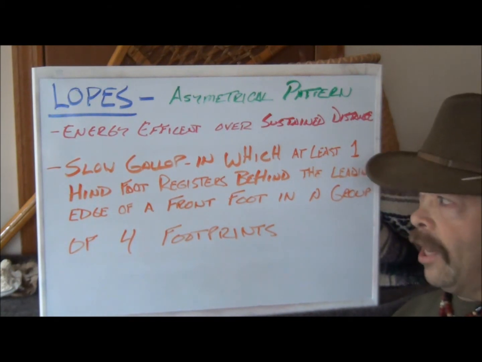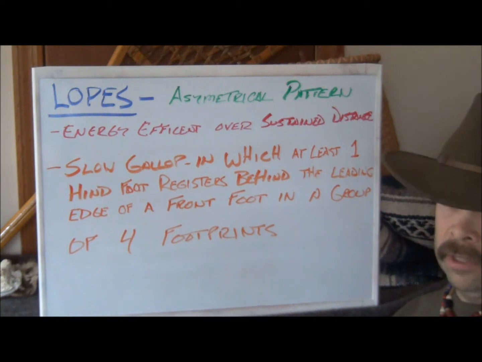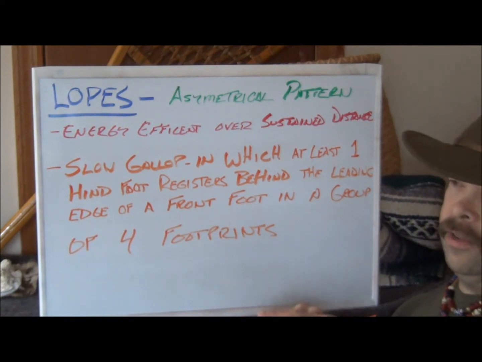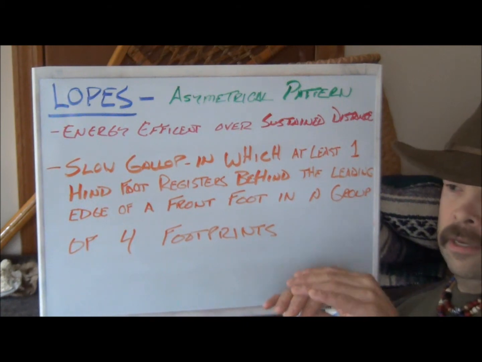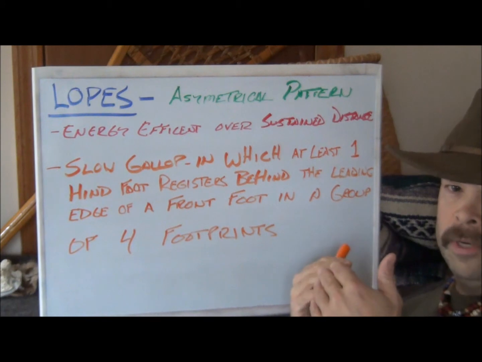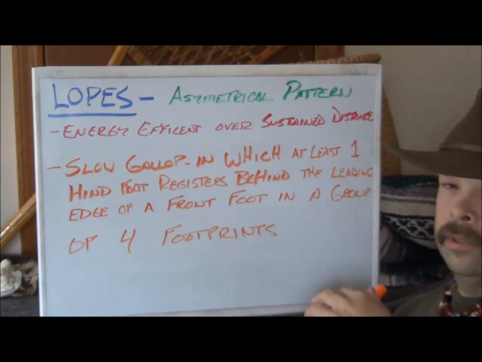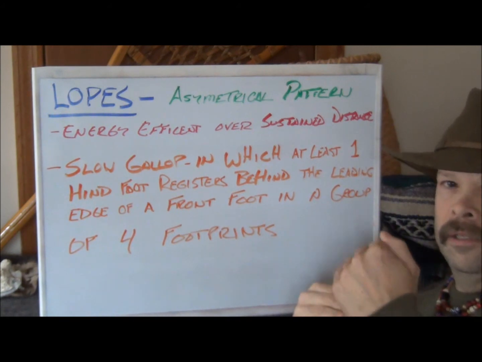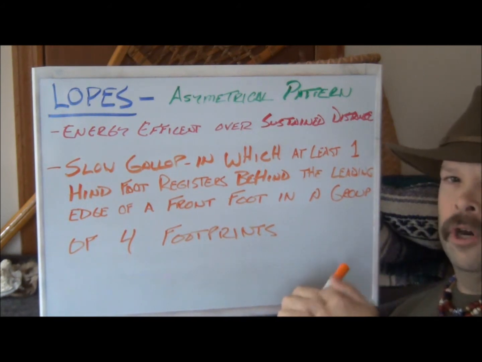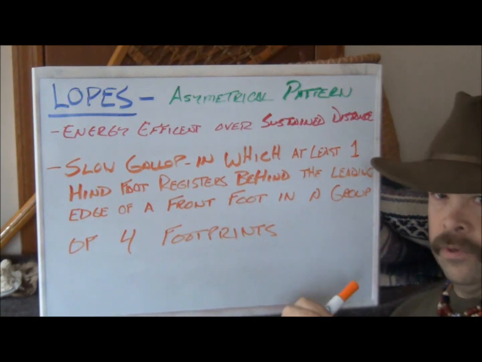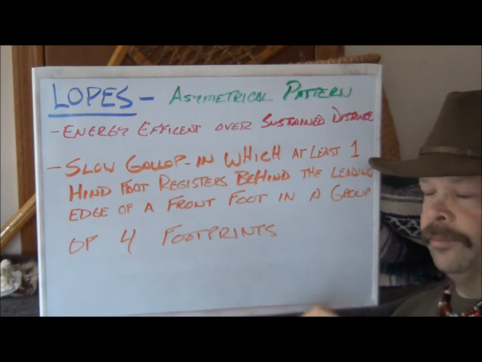And in the slow gallop that you'll see being the lope, again, you have to understand that where the hind foot leads, it's going to determine the lope that you're going to wind up with, much like the leading hind foot determines the gallop that you're going to have, whether it be a transverse gallop or a rotary gallop.